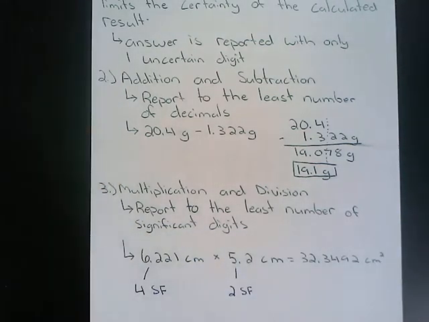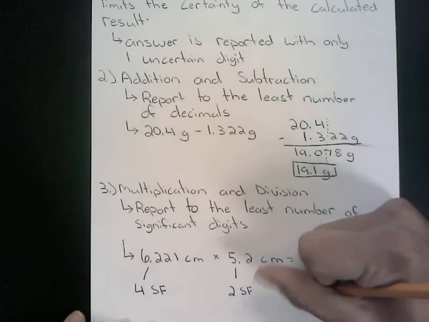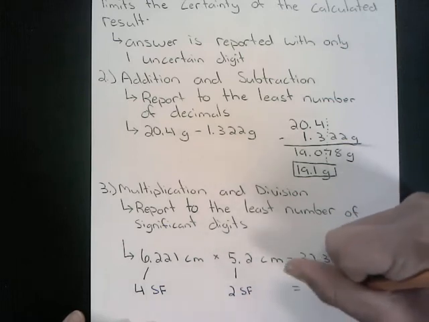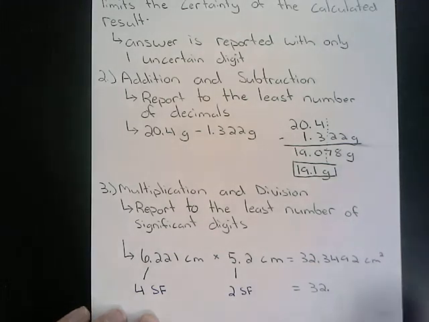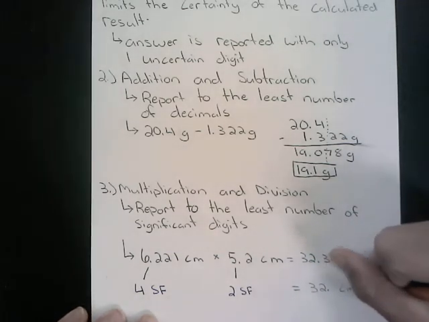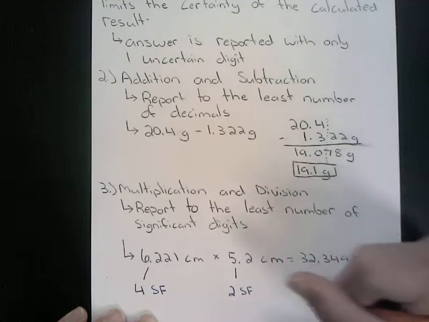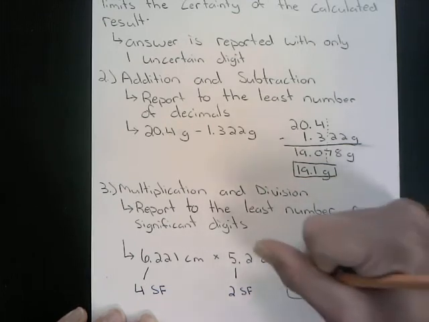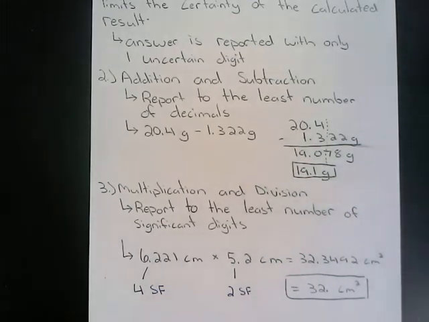So that means our answer can only have 2 significant digits. So this, because we have 32.3, would actually round to 32, and you can leave off the decimal. Make sure you don't put a 0, but 32 squared centimeters.